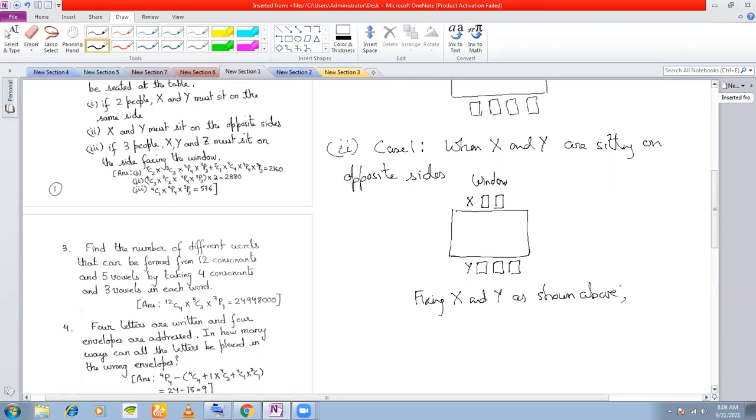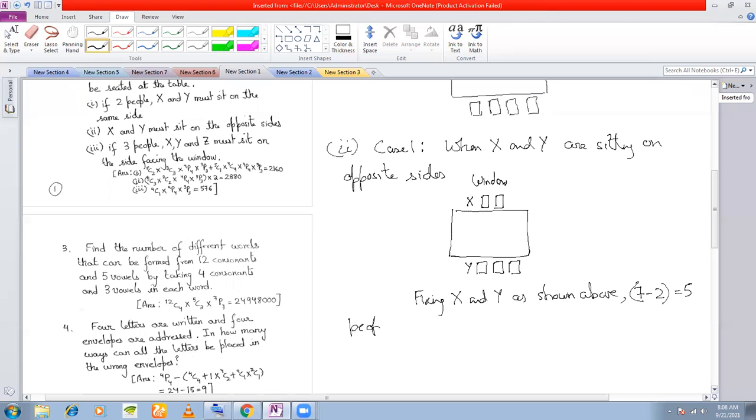Now, on the chairs facing the window, how many chairs are there facing the window? Empty chairs, 3 empty chairs, right? And how many people are left after fixing X and Y? 5 people left. 7 minus 2 is equal to 5.